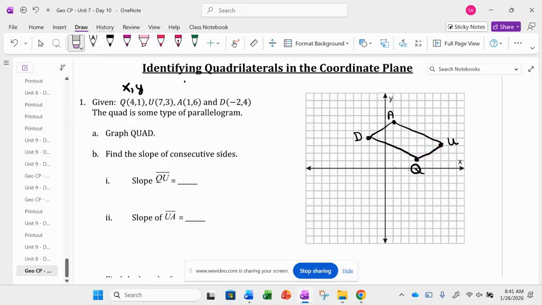To get from Q to U, I'm rising up 1, 2, and then running to the right 1, 2, 3. So I rose 2 and I ran 3. The slope of QU is 2/3.